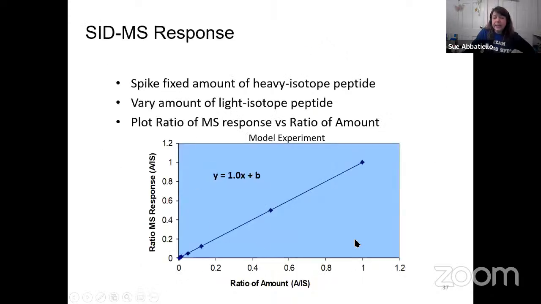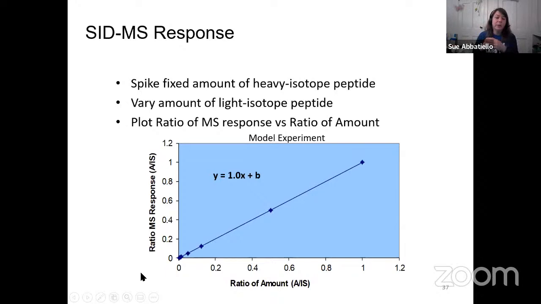And the idea here also is quantitatively, you should see a linear response for changes. So we look at often the ratio of the MS response of the analyte divided by the internal standard, and the ratio of the amount of these.